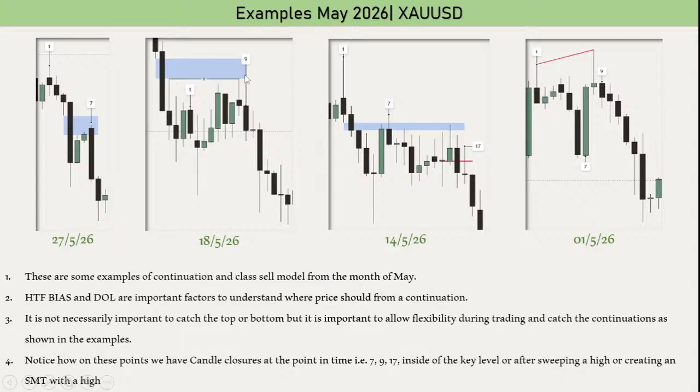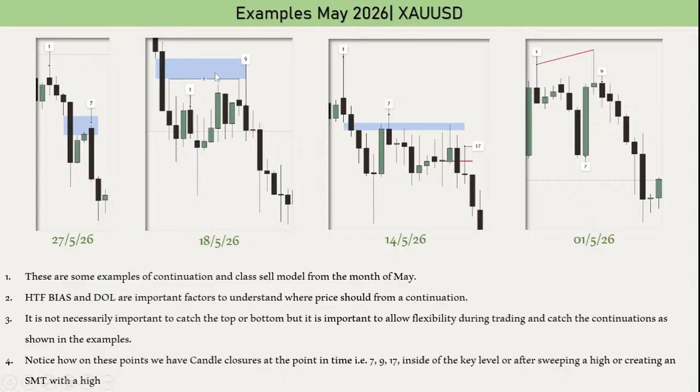Remember that whenever we are interacting with the IRL, we have to observe these numbers also. So 7 did not interact with the IRL, it did not sweep this high, so 7 is not my area of interest. I am interested in 7 or 9, so automatically I know that I have to move towards 9 now.